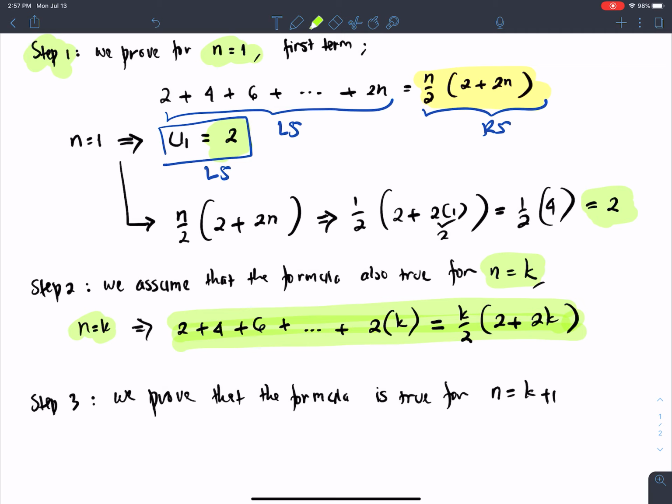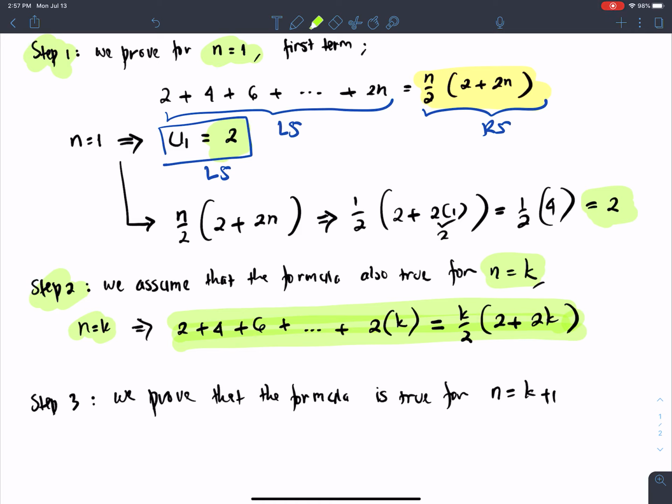Then on step 2, we assume it is true for n equal to k, where k can be any number. Because we already tried for 1, we assume it's also true for 2, 3, 4, 5, 6, and so on. Because we said n equal to k, which k can be any number.